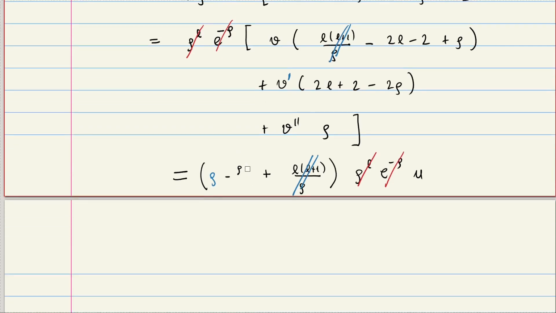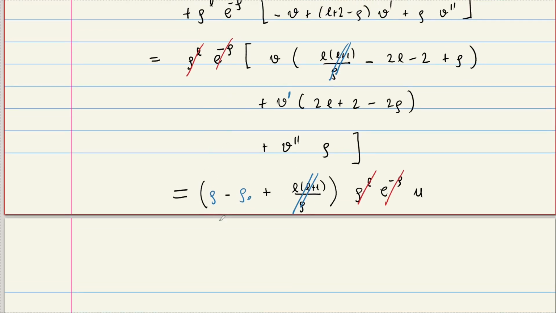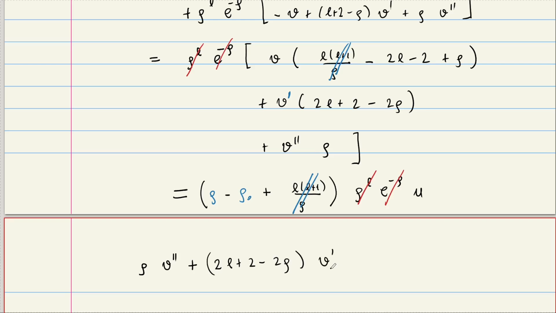So this one is rho 0. And at the end, let me just clean up. So we have rho times V double prime. So this thing is taken care of. Plus all V primes are here. So I'm going to write it like 2L plus 2 minus 2 rho times V prime. So this one is gone. And is that correct? 2L plus 1. Yes, I think this is correct.